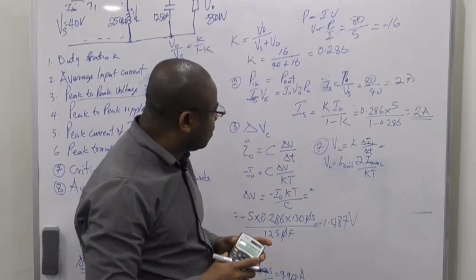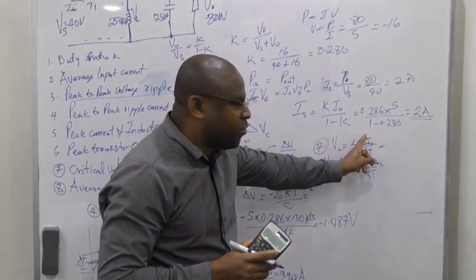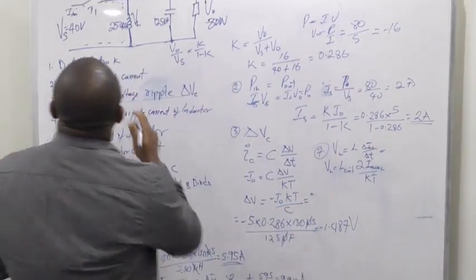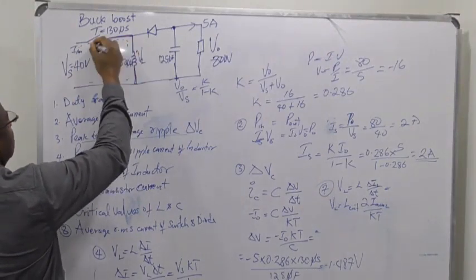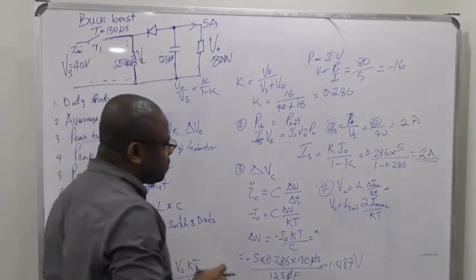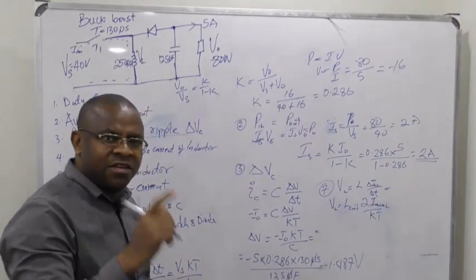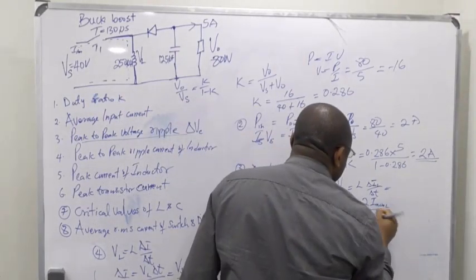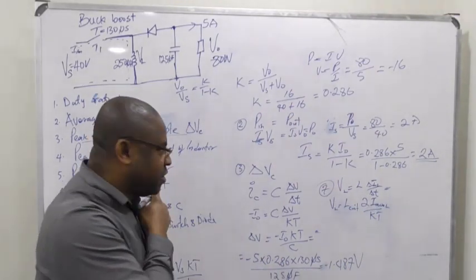Remember that at critical value, the ripple current will be twice the average value of the current flowing through here. And we know what I average is, which is I in over duty cycle, if you watched the previous video.